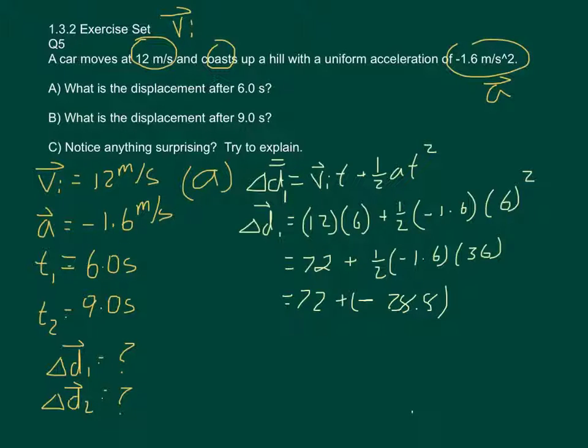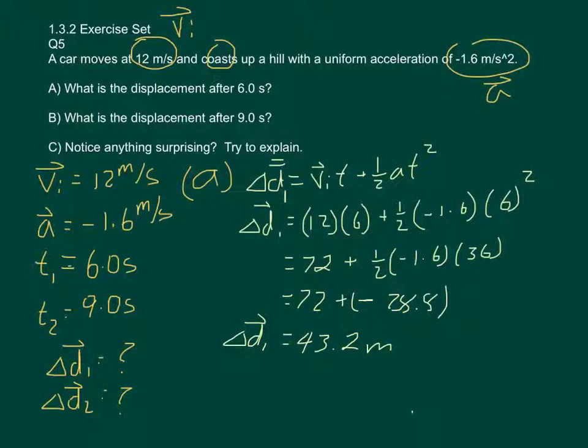So we add that to 72, and we get 43.2 meters as displacement 1.